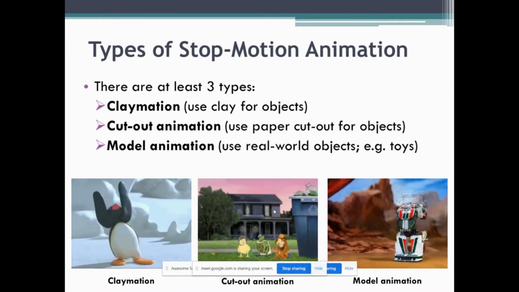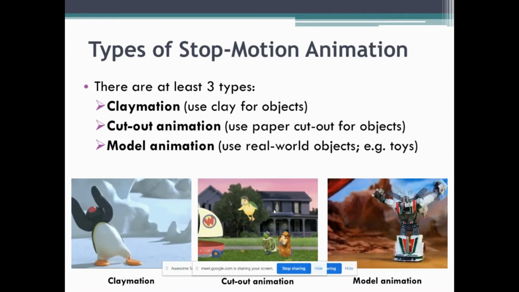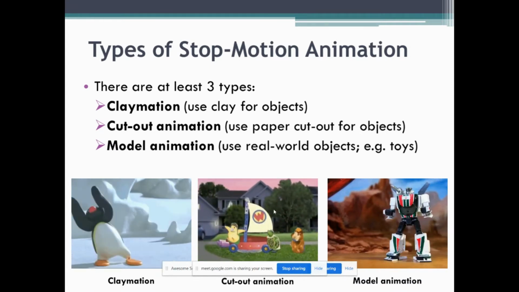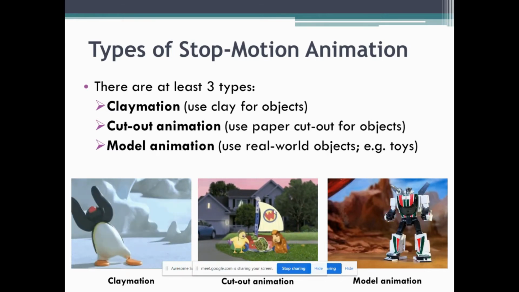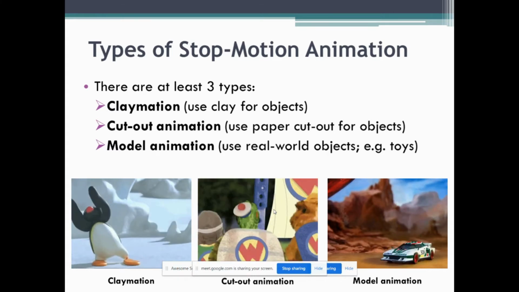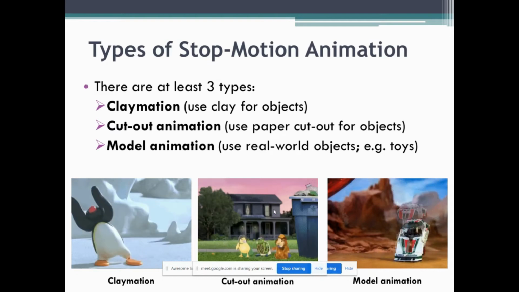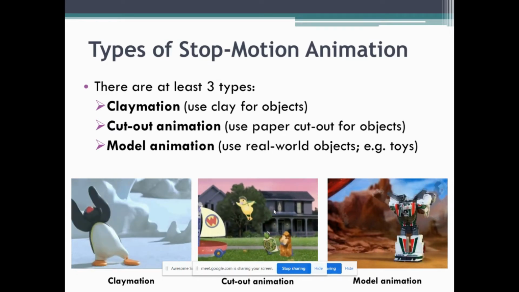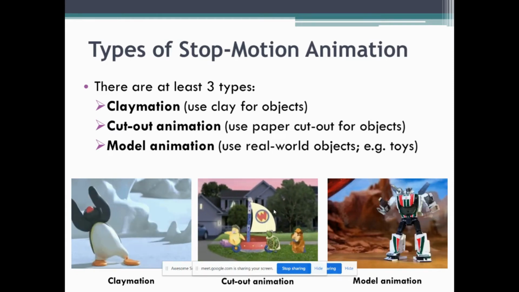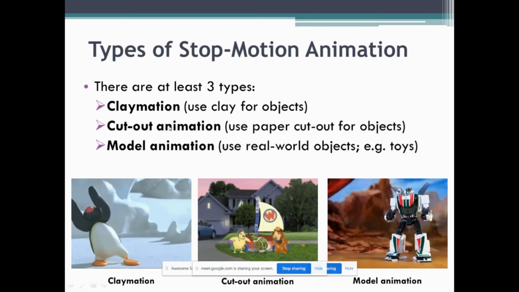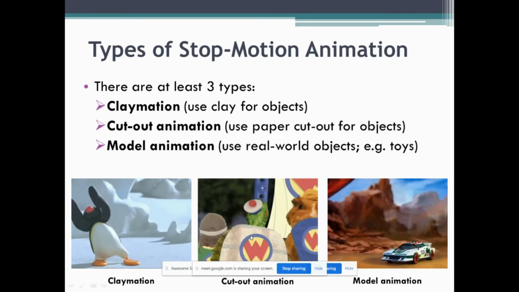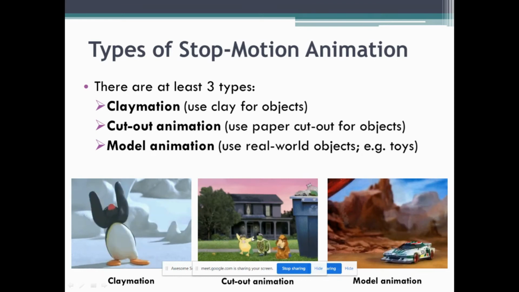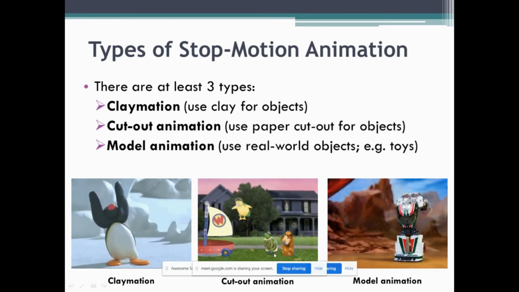Okay, there are types of stop motion ni kita dah pernah sentuh hari tu. We have learned about this. First one is claymation. In this animation we use clay or plasticine or tanah liat lah for the objects. Another one is cut out animation. This one we use paper. We draw on the paper and then we cut the paper and we make the movement.